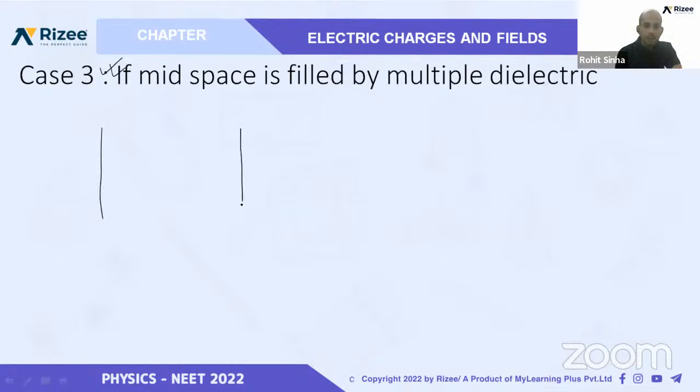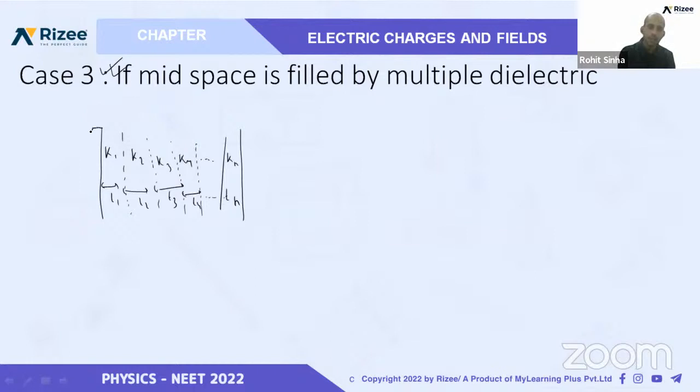If we have a number of dielectric materials, let us suppose like this, all present linearly, with thickness T1, T2, T3, T4 and so on, and dielectric constants K1, K2, K3, K4 and so on, and the last one is Kn with thickness Tn.